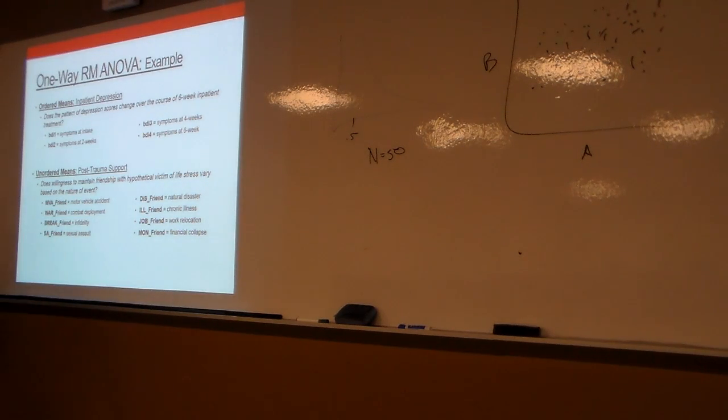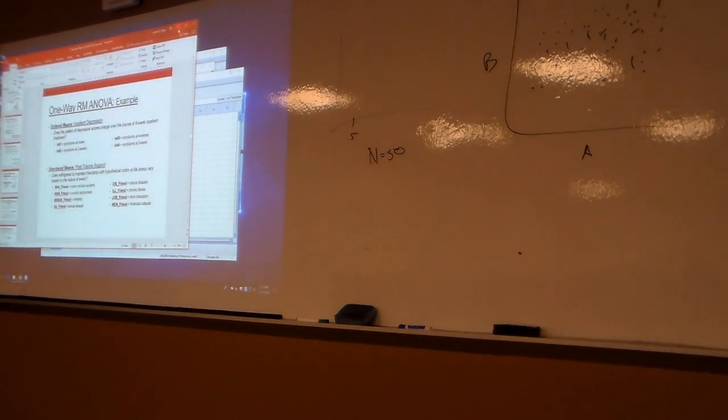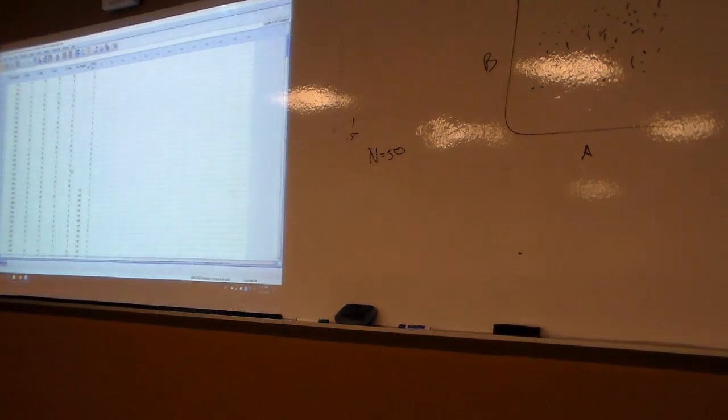So let's start with inpatient depression. If you open up the data set, repeated measures ANOVA exercise, ordered means, and grab your sheet right here, what we've got is a group of individuals where we're looking at BDI scores at time 1, time 2, time 3, and time 4.